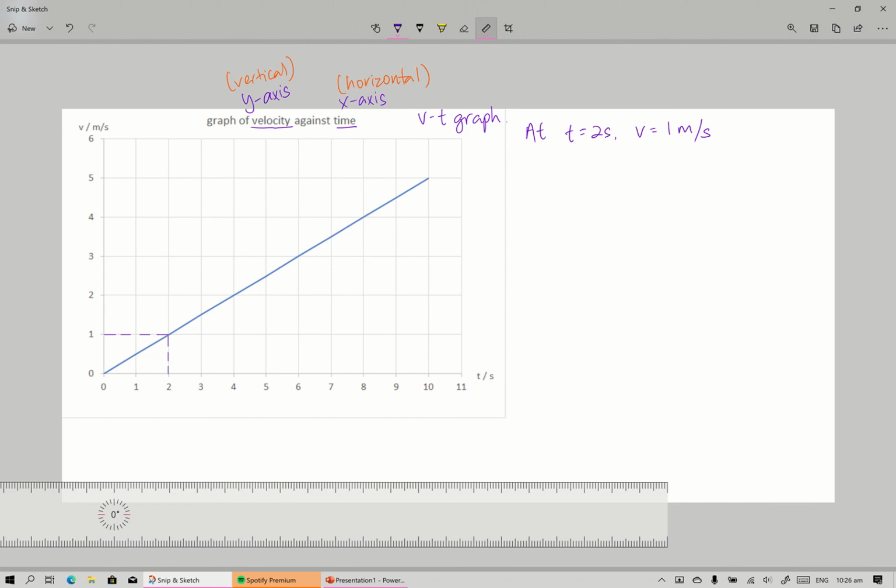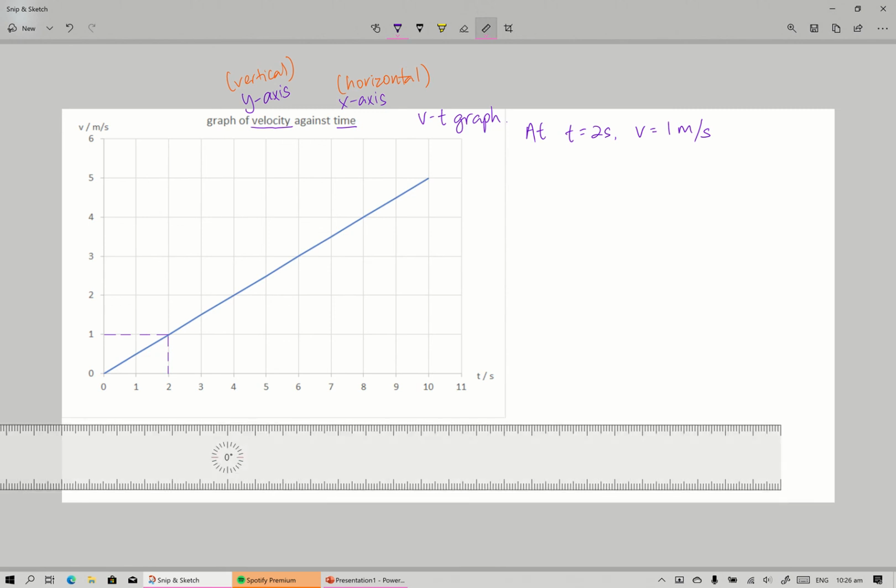Now let's go look for another timing. Let's say at time equals 3 seconds. Sorry, not possible. Say at time equals 4 seconds. What's my velocity?